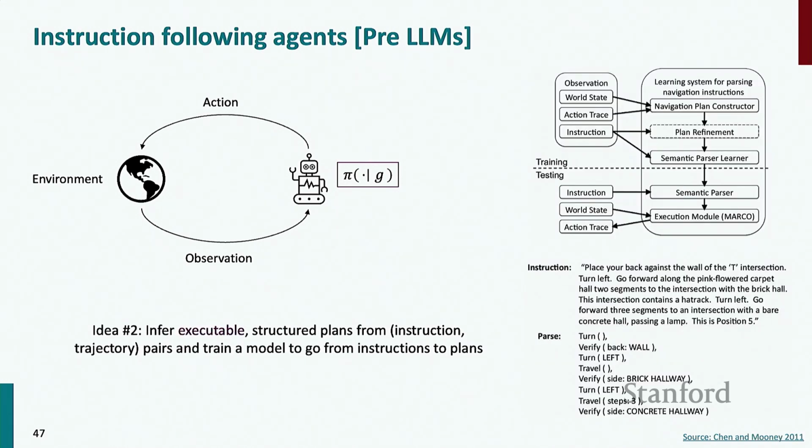Idea number 2 was something a little bit more complex. So here you have instructions paired with actions. But instead of directly mapping instructions to actions, I'm going to infer an executable plan from these instructions and action sequences.